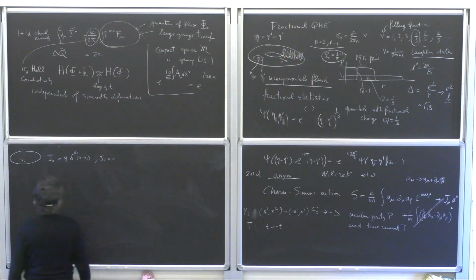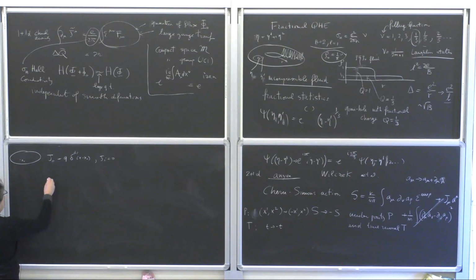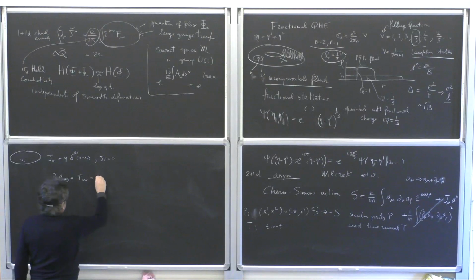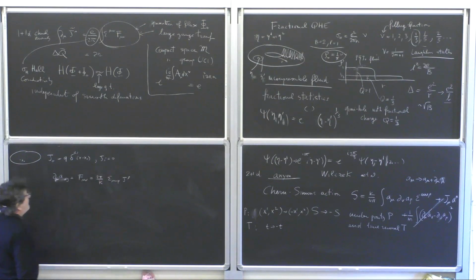You compute the equation of motion, and the equation of motion is d_mu a_nu antisymmetrized, which is f_mu nu, equal to 2 pi over k epsilon_mu nu rho j^rho.